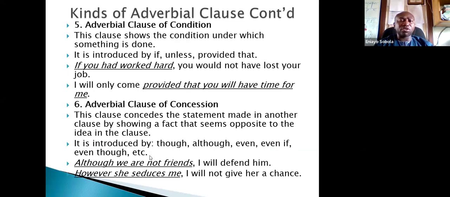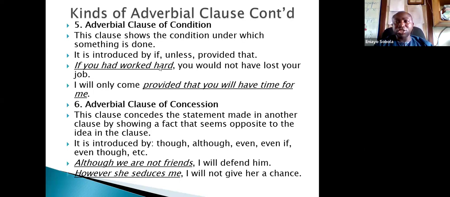So we have adverbial clause of condition. This clause shows the condition under which something was done. And it's introduced by if, unless, provided that. So look at this example. If you had worked hard, you would not have lost your job. So there was loss of job because someone did not work hard.